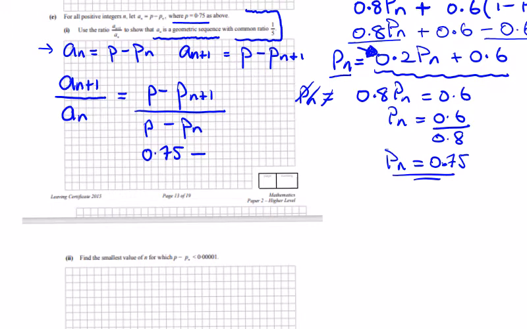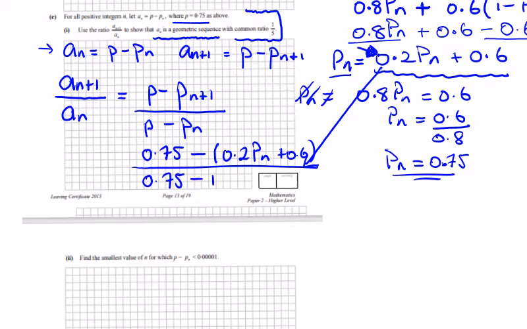This was pn plus 1 from one of the previous parts, this guy, 0.2 pn plus 0.6. So that's minus (0.2 pn plus 0.6). And then that would be divided by 0.75 minus pn. And you can see here now we just have it in terms of pn.